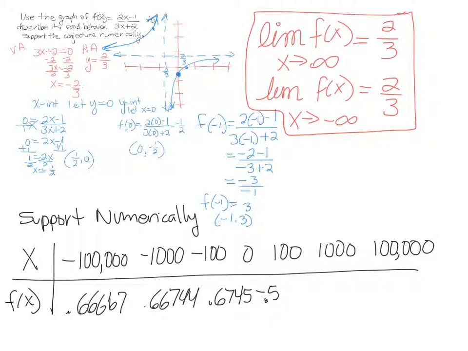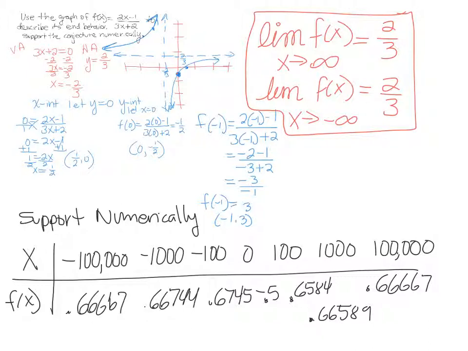At 100, 0.6584. At 1,000, that is 0.66589. And a big number like 100,000, and that is 0.66, and it's a whole lot of sixes. Just put a 7, okay?